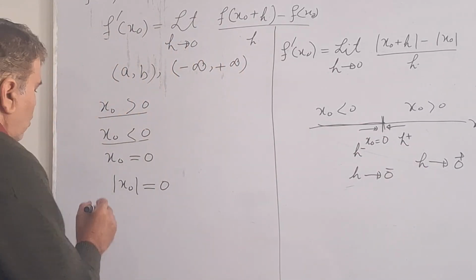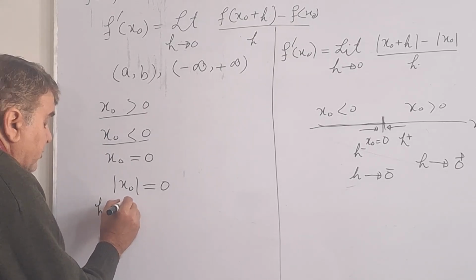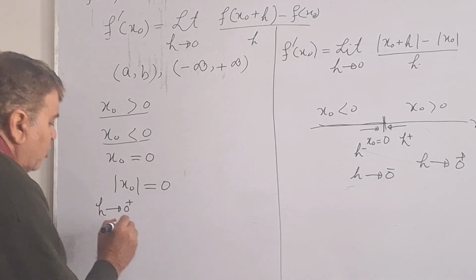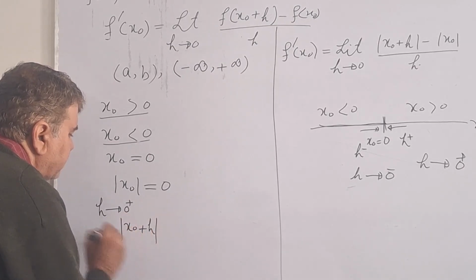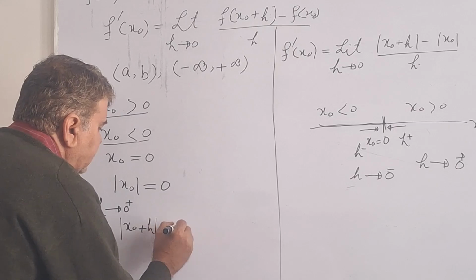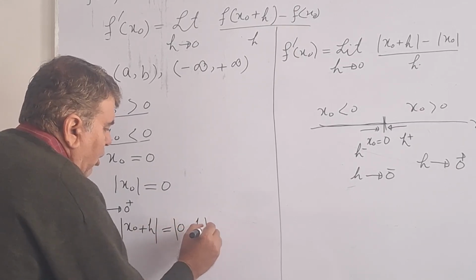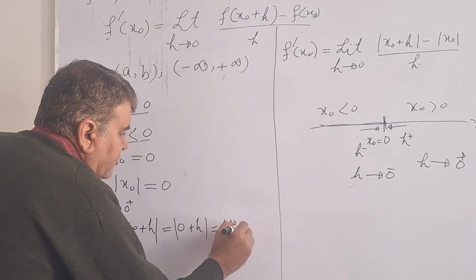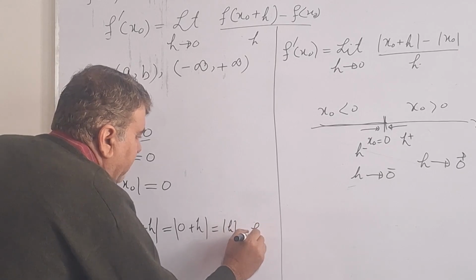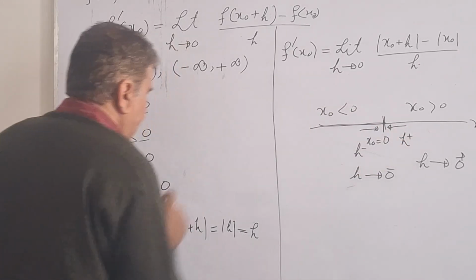For that case, when h is approaching from the positive side, we would have x naught plus h mod equals 0 plus h mod equals h mod, and this h mod would be equal to positive h, because h is positive, we are at that side.